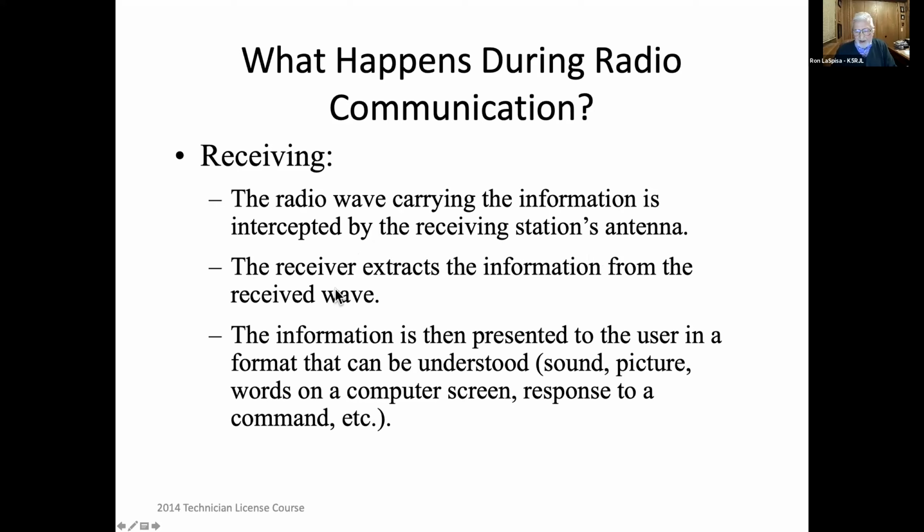And not only do they have to get the information out of that particular radio wave, but they've got to distinguish the radio waves that you want from the other radio waves that are entering your atmosphere and your space at the same time. So the receiver does a nice big job. After it gets that information, it's presented to you in a format that can be understood.